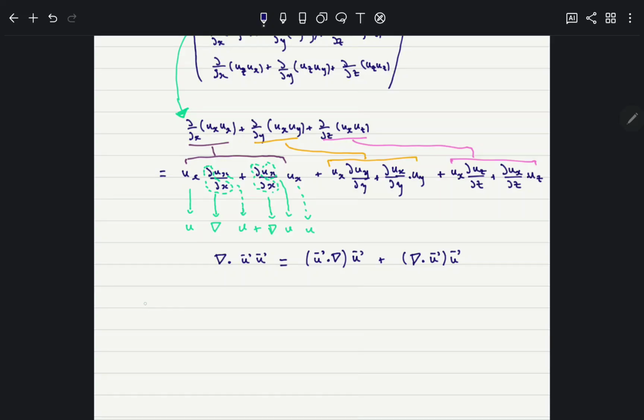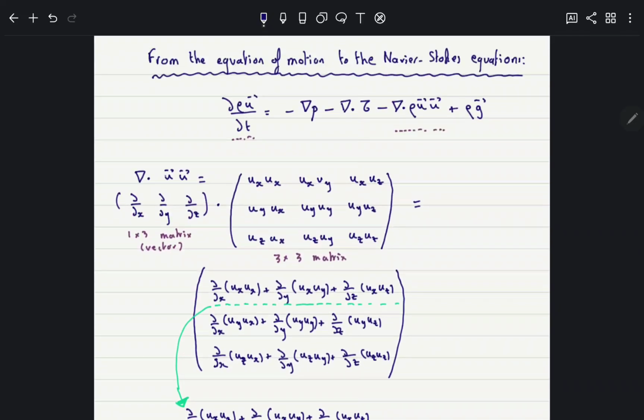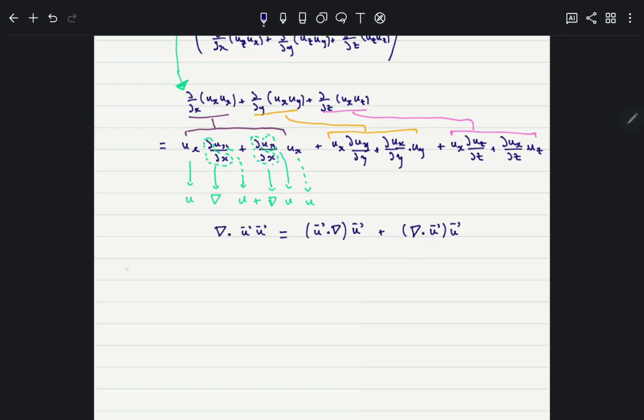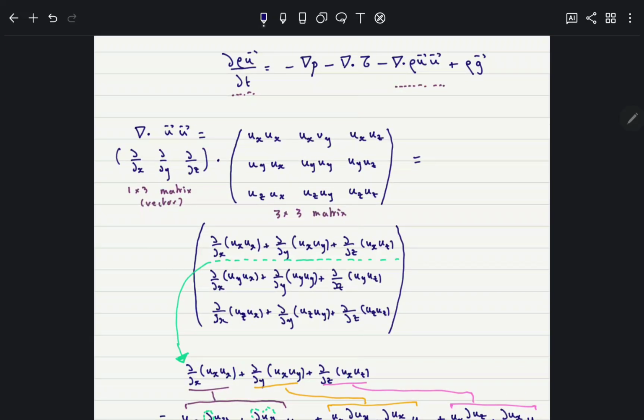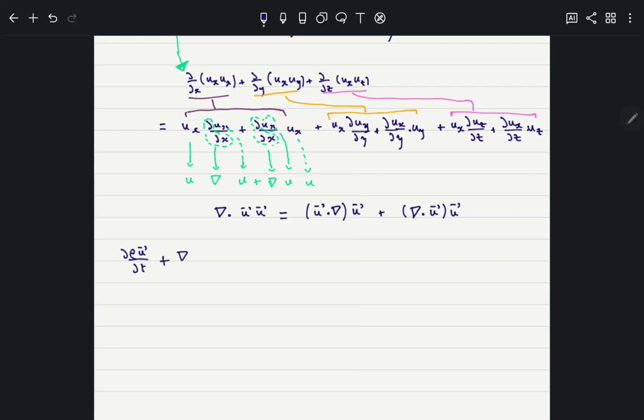So we had initially the partial derivative of rho u with respect to time, and plus, if we combine them, that's going to be plus the dot product of that nabla operator and rho uu. Okay, so now let's differentiate the terms.